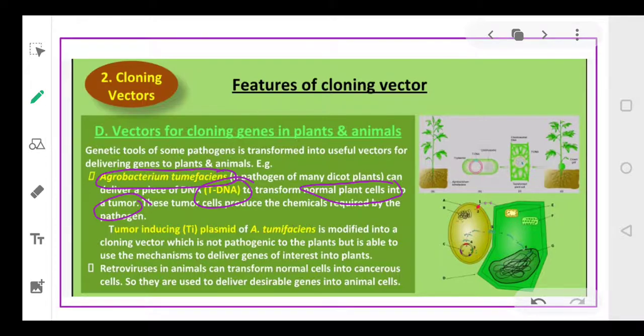They will start producing a tumor. This means that tDNA will direct the normal cells to produce the tumor cells. And these tumor cells will produce a chemical that is required by this pathogen.